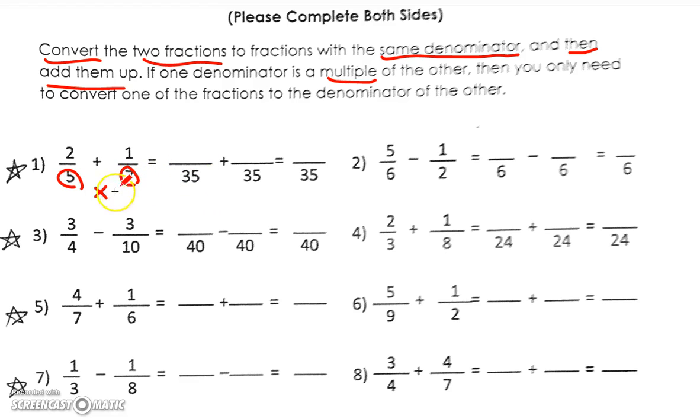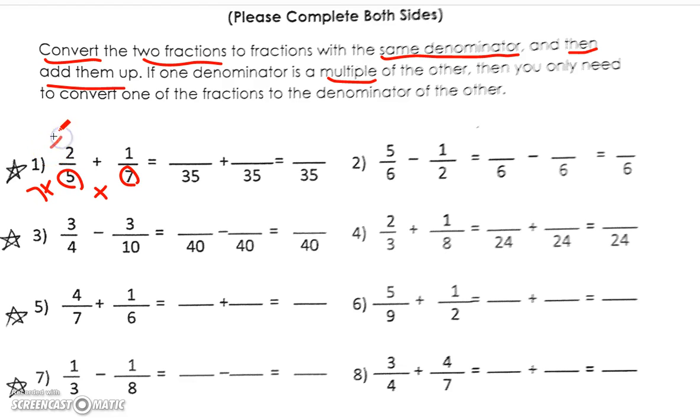That's over here. Now, here's the important step. Whatever I do to the denominator, I have to do to the numerator. I'm multiplying the 5 times 7 to make 35, so I have to do the same to the top number on the fraction, which is 2.